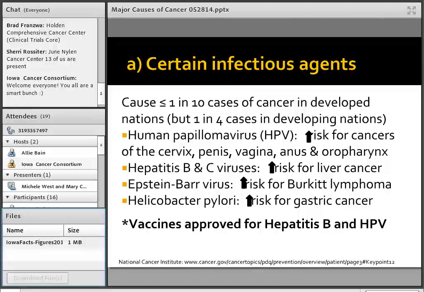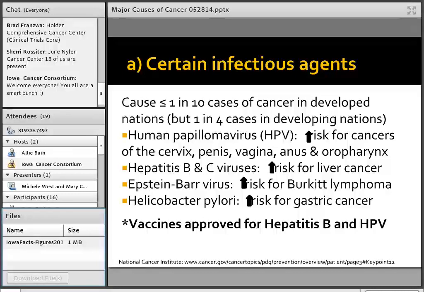But essentially, certain infectious agents cause a little less than 1 in 10 cases of cancer in developed nations, but it's more like around 1 in 4 cases in developing nations. Human papillomavirus, otherwise known as HPV, increased risk for cancers of the cervix, penis, vagina, anus, and oropharynx.